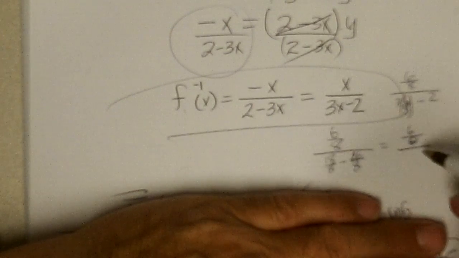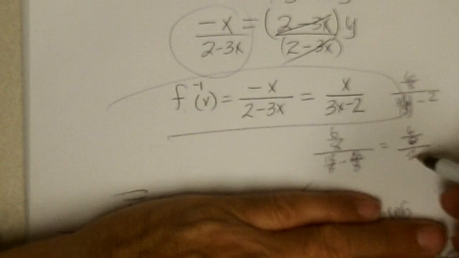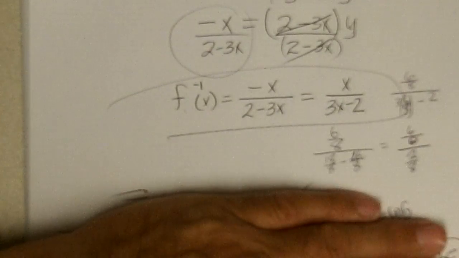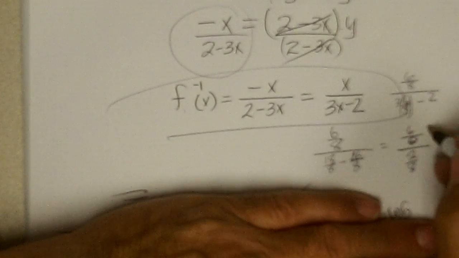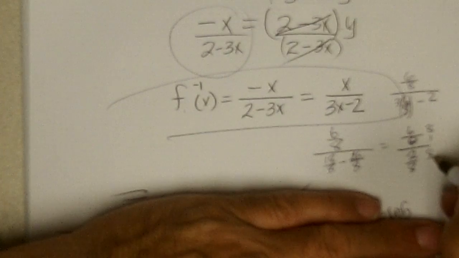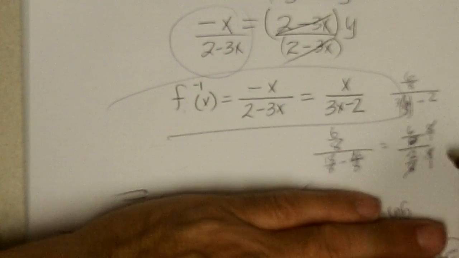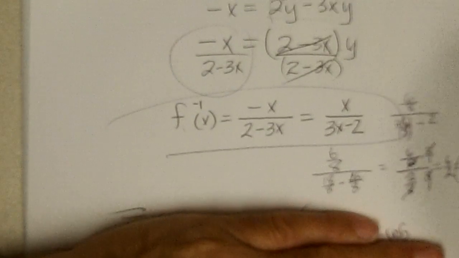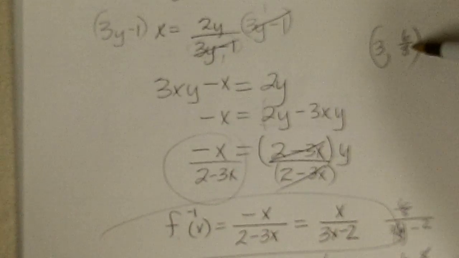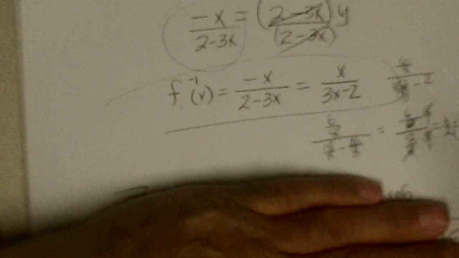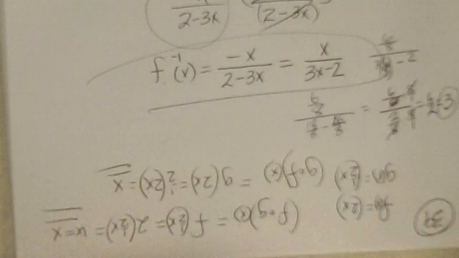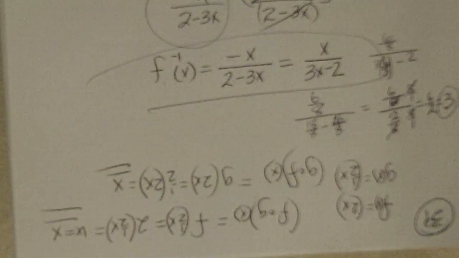So I have 6 over 8 over 2 over 8. Multiply by 8 over 1, and that'll cancel the 8's there. And I get 6 over 2, which is 3. I started with the 3 and got 6 eighths, and then got back to 3. So that's a check that seems like it's working reasonably well.